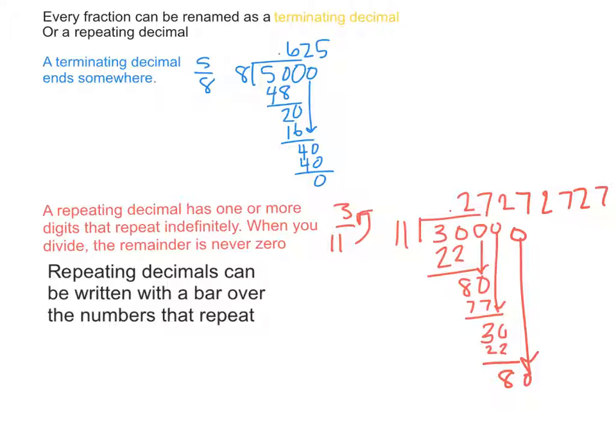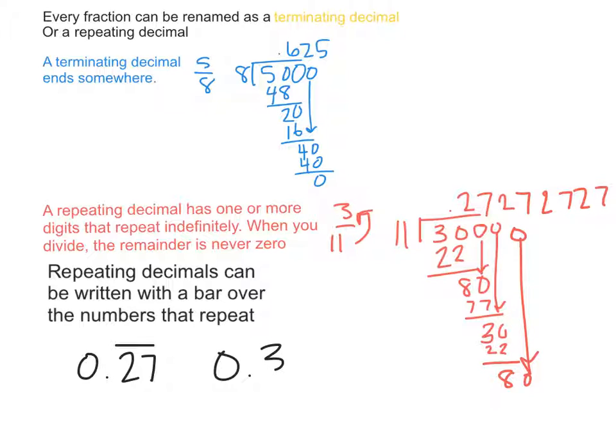Since 0.27272727 is very different from just 0.27, there needs to be a way for us to tell people that the 27 repeats. So when you have a repeating decimal, such as this one over here, how we write it is 0.27 with the bar over 27 because that's what's repeating. So in the previous example, 0.3333 was repeating 3 forever.